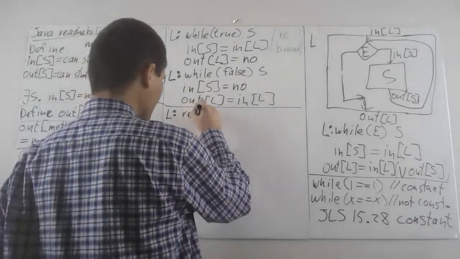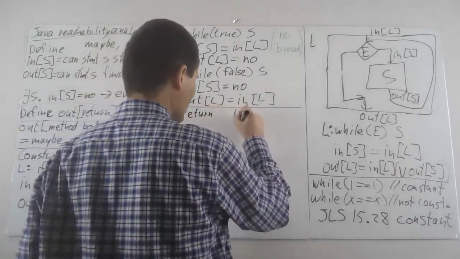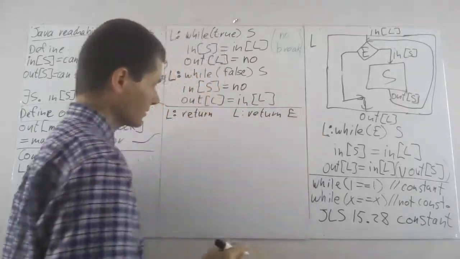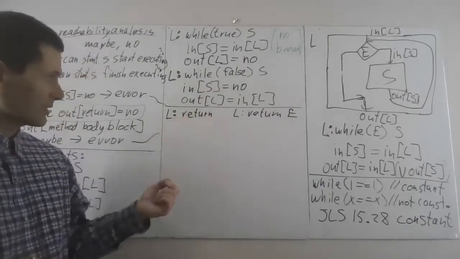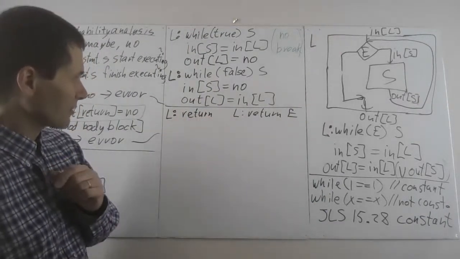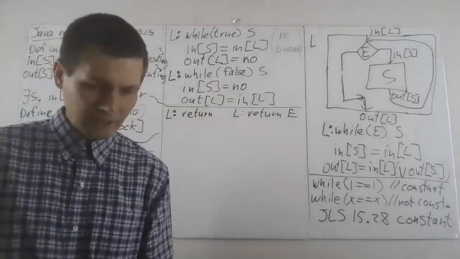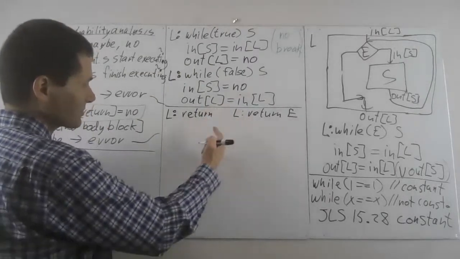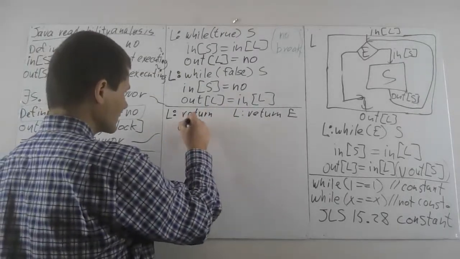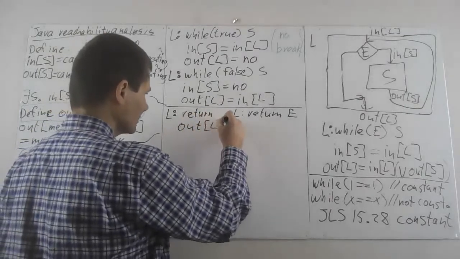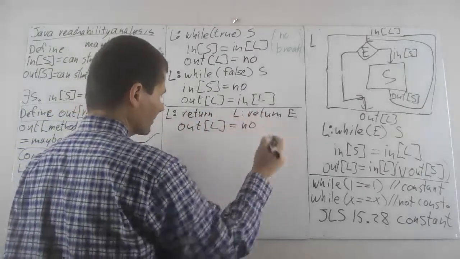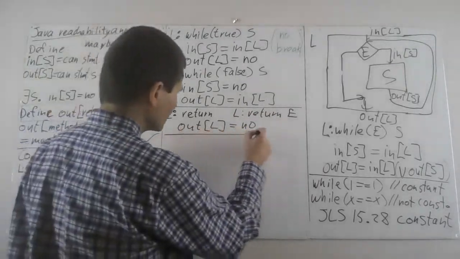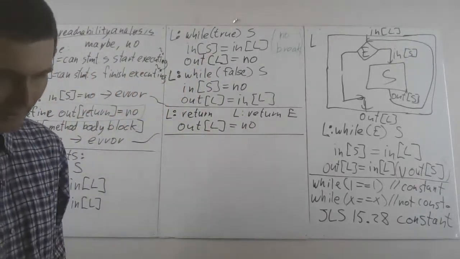So if I have a return statement or a return expression statement, so either a return with nothing, like returning from a void method, or a return that returns an expression. Well, here there's no substatement S to worry about. So we just have to define out of L, and we're going to define out of L to be no. Okay. So nothing magic there.